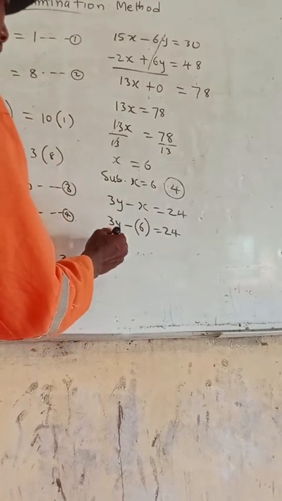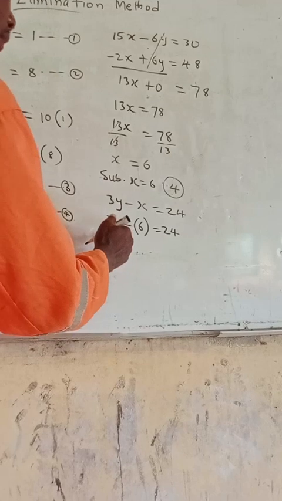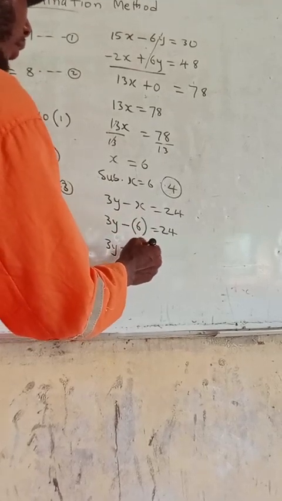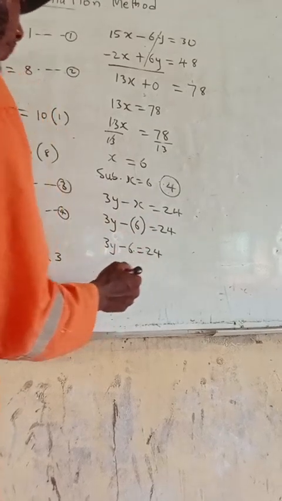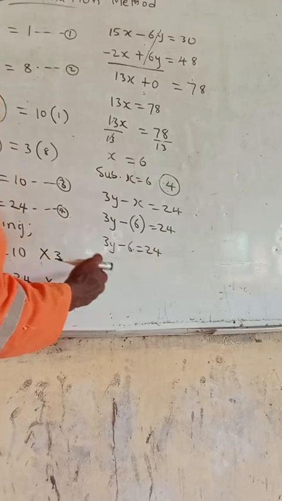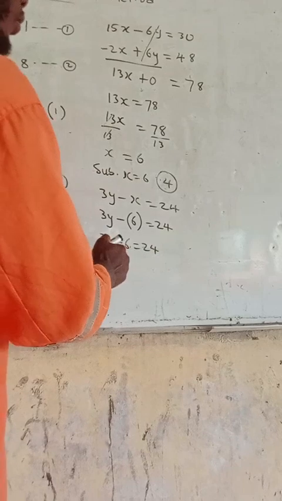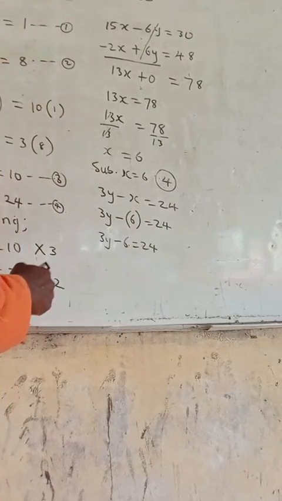Now, we'll still have 3y, and minus plus here is minus 6, is equal to 24. So we take like terms at this point. The like terms are minus 6 crossing over to this side, number to number.